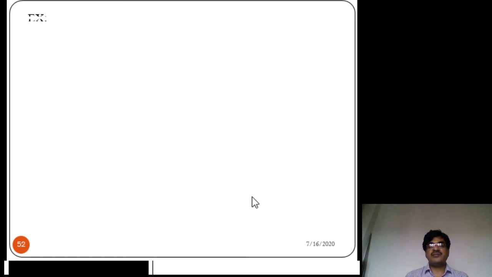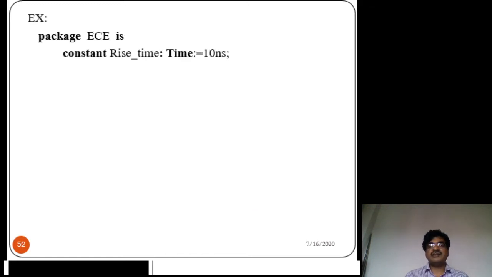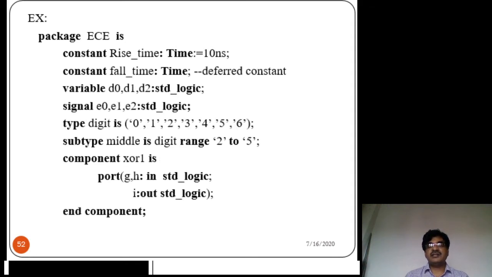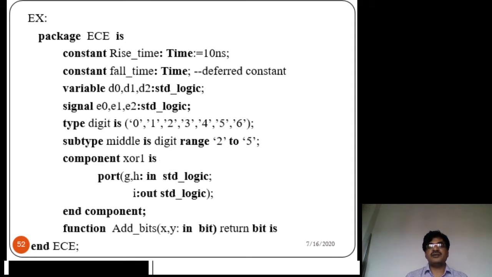Let us see one example. Package ECE is, and the different declarations in it are like this. Coming to the first statement in the declarations: constant rise time colon equal 10 nanoseconds. What does it mean? Rise time is an object of class constant. It holds which type of data? Time type of data.